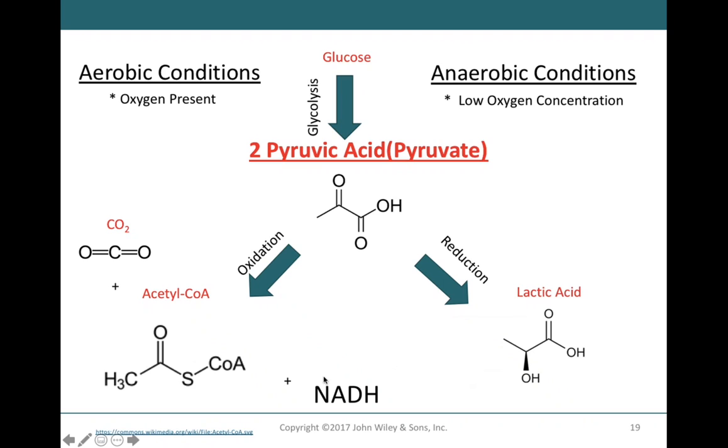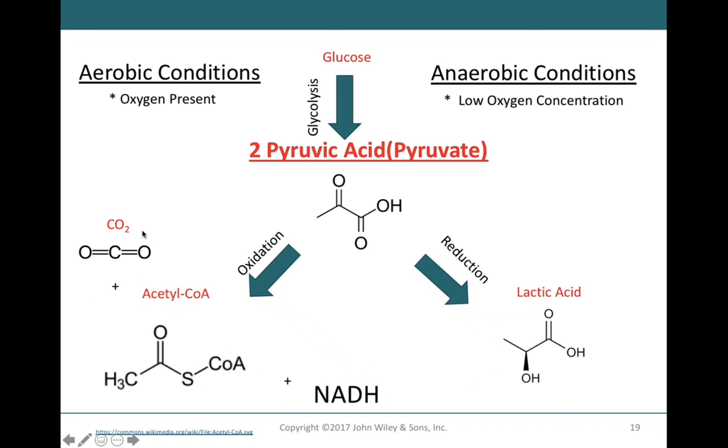Now, keep in mind that 1 glucose molecule will give us 2 molecules of pyruvic acid. So if I was to ask the question on the test, 1 molecule of glucose is going to give us how many molecules of acetyl-coenzyme A? The correct answer would be 2. Because 2 pyruvic acids come from glucose, and each of those 2 is going to give us an additional acetyl-CoA and an additional NADH and CO2.